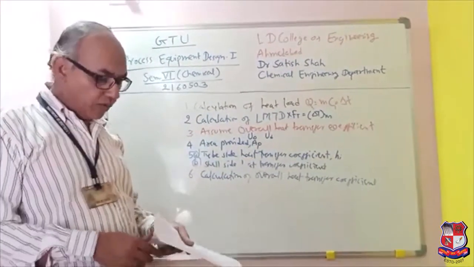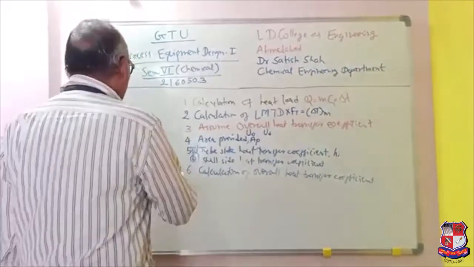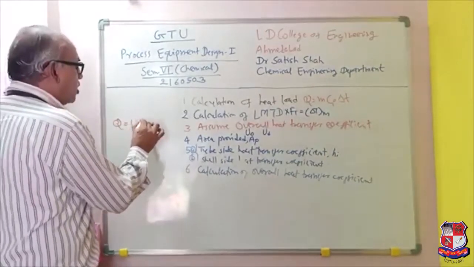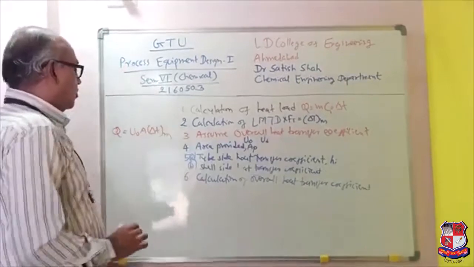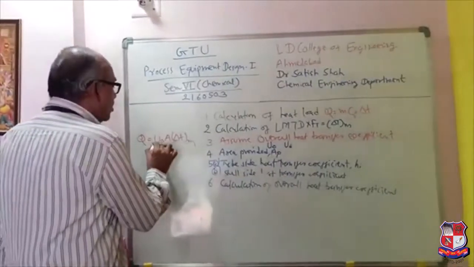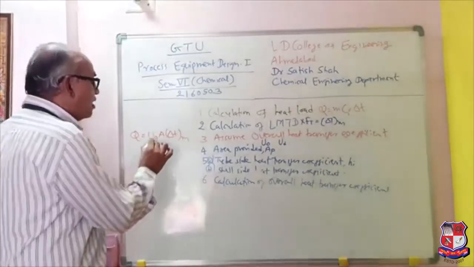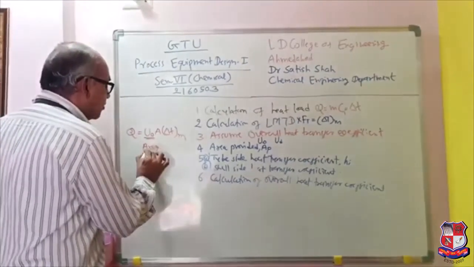Once the overall heat transfer coefficient is known, you can use the same formula, Q is equal to UA delta Tm, but now with the calculated value of UO. Whatever area you get is known as the area required.